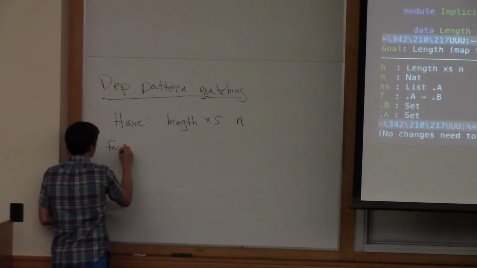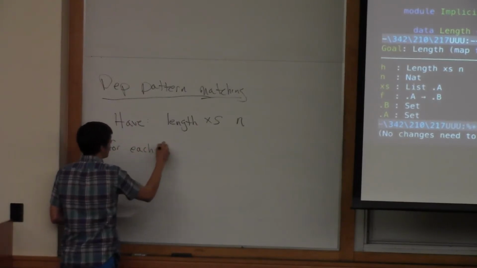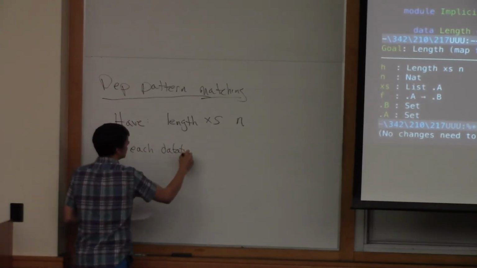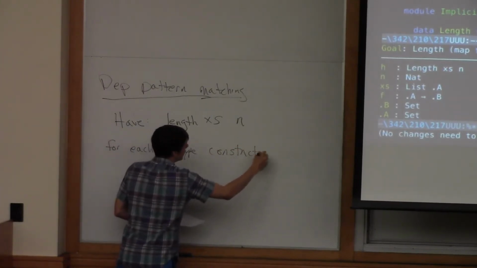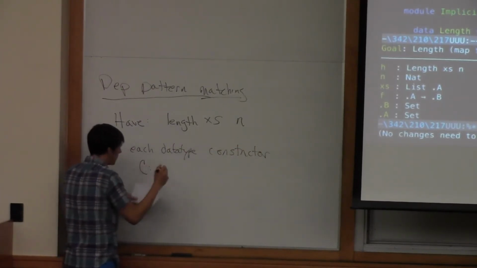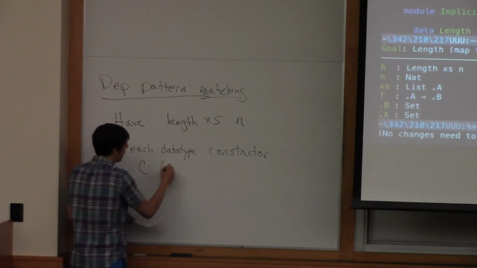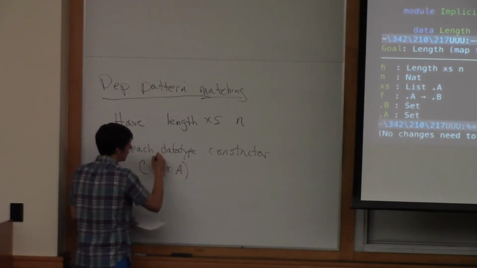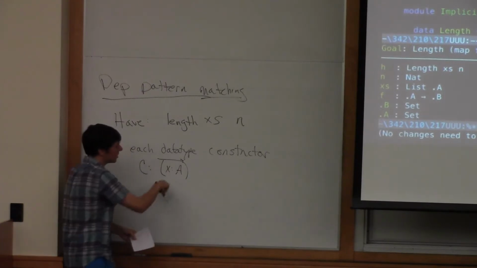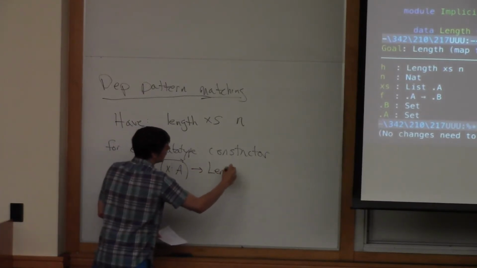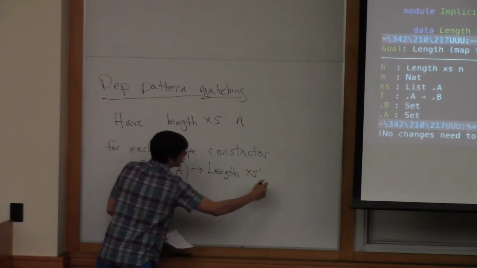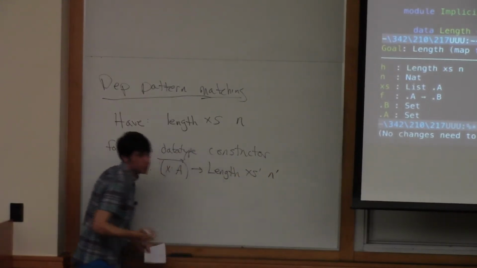is, for each data type constructor C, which has type pi x colon a, so every data type constructor has some number of arguments, and then includes length x's prime n prime.